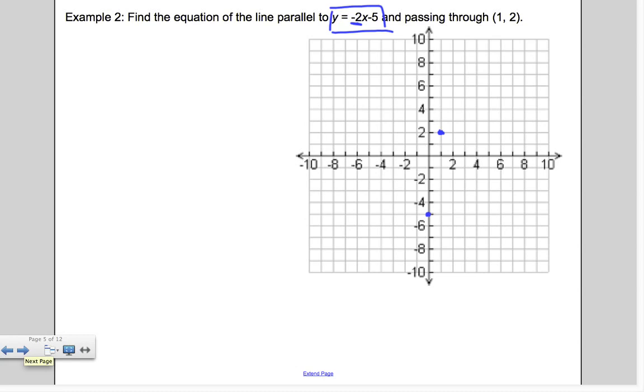Yes, Andrew? If it passes through 1, 2, could you just kind of cheat? No, I'm not saying that one. We're trying to find a line that's parallel to that equation that passes through 1, 2. Couldn't we see the rise of a line? Good. And see where 1 and 2 are, and then you can do that with that dot.